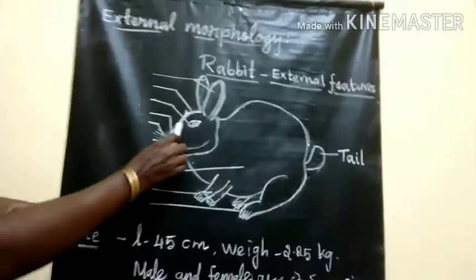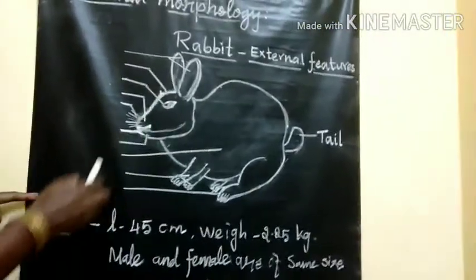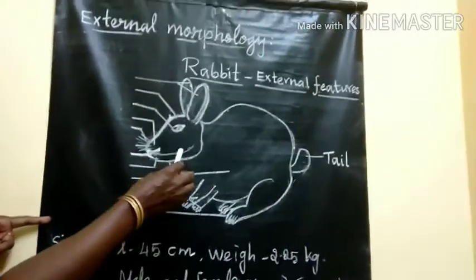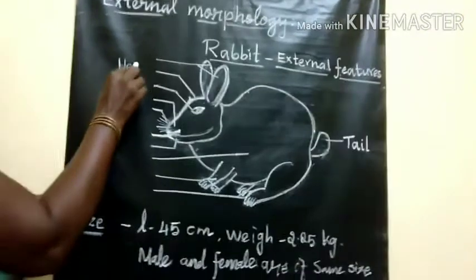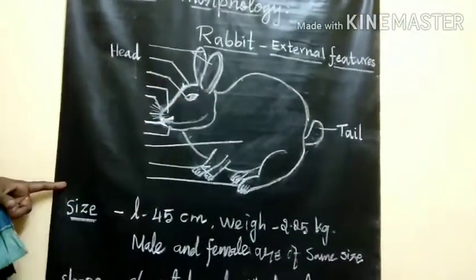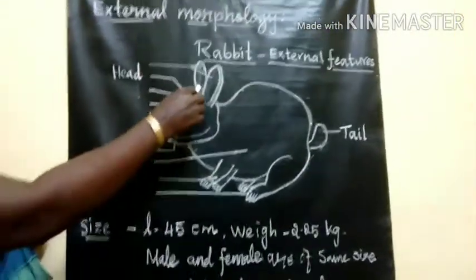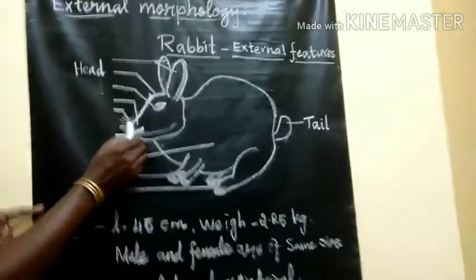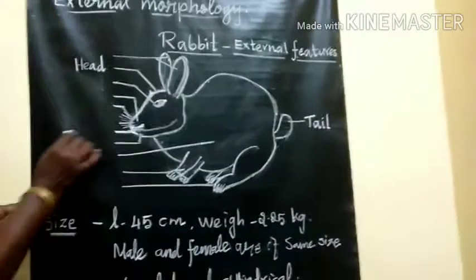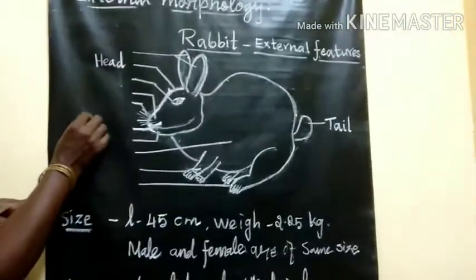First let us learn about the head region. Observe the diagram carefully. This is head. The head bears a truncate snout.